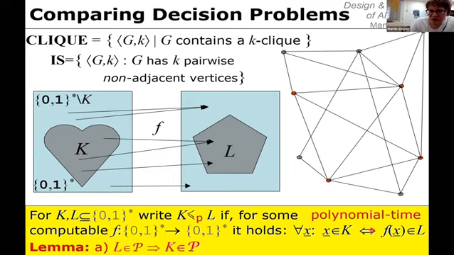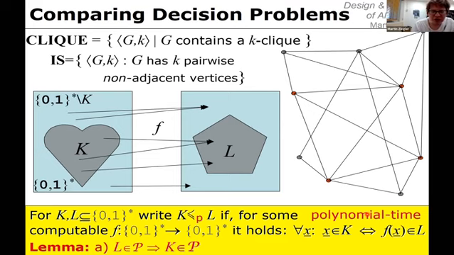Why is that so? Because according to our definition, this f is polynomial time computable, and in polynomial time, every single bit output costs one time step. If we output a bit, that costs one step according to our measure of computational complexity.